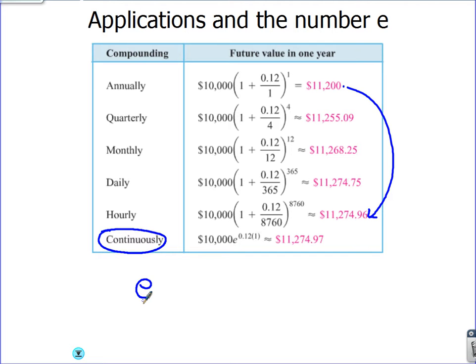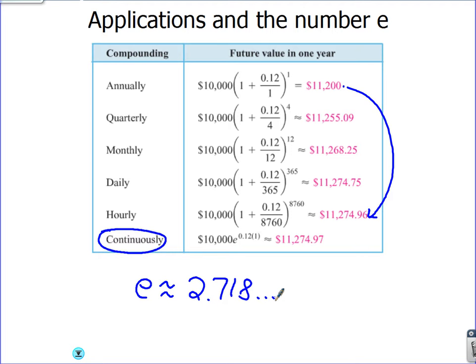Here's your new pi, I guess you could say. e is also an irrational number, just like pi, and e appears a lot in mathematics as well. Anytime you have continuous compounding of interest, this number e appears. Same way pi is about 3.14159, e is about 2.718, and it also continues forever and ever.